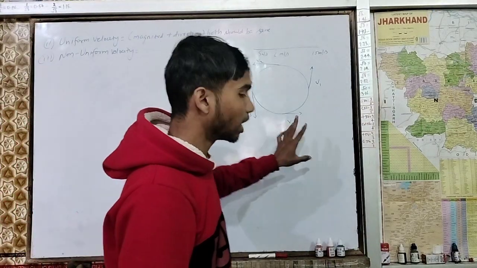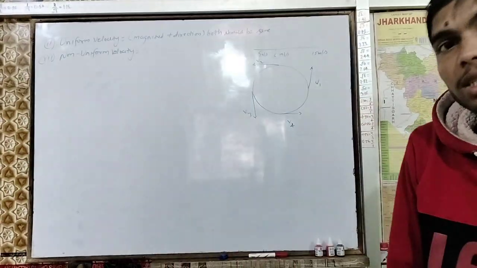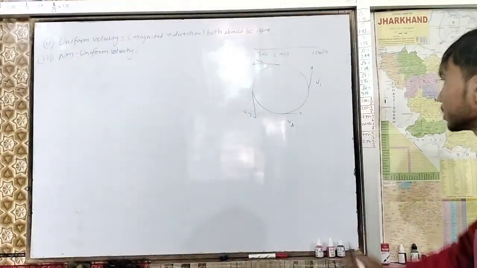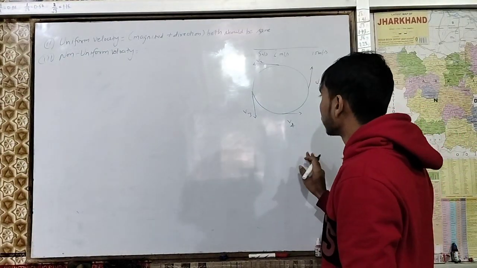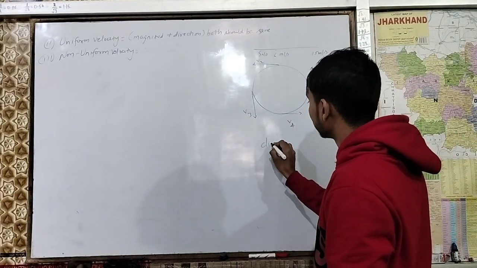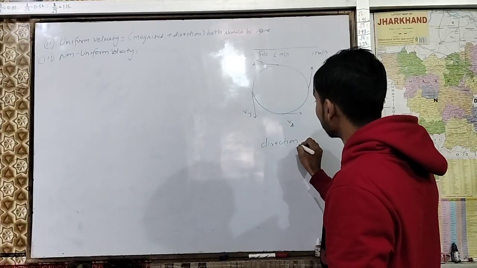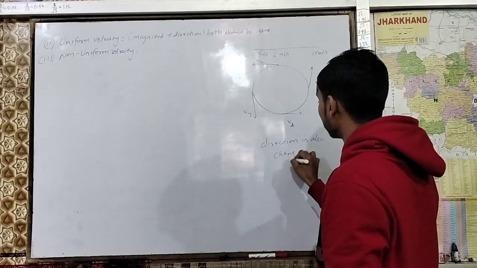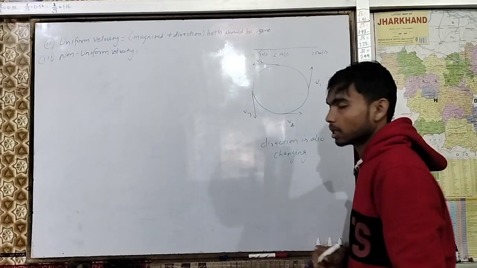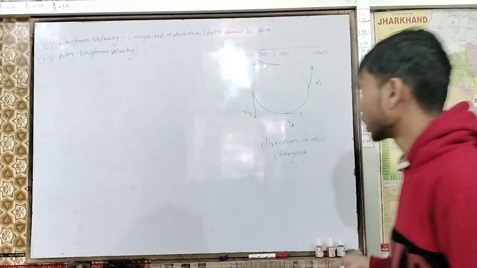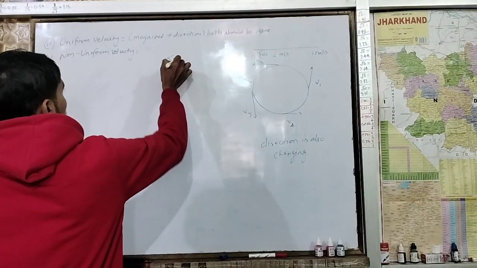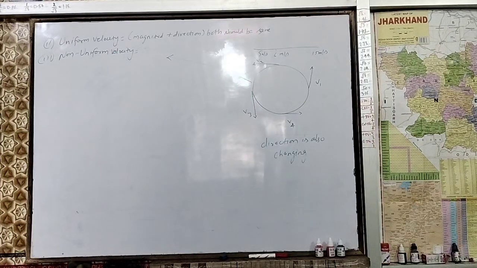The velocity is changing, the magnitude of velocity is changing, but the direction is also changing. Both things are changing, so this is an example of non-uniform velocity.